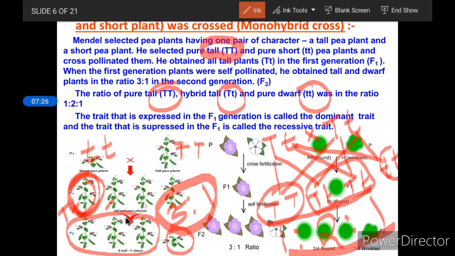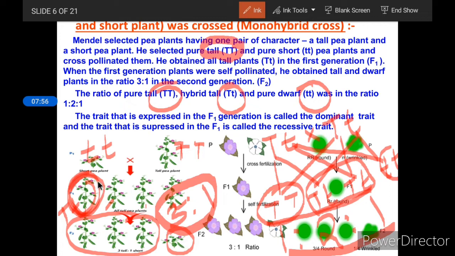You can see 3 plants are tall and 1 is short. That is the 3:1 ratio. So the conclusion he reached is that in the F1 generation all plants are tall, and in the F2 generation 75% are tall and 25% are short.